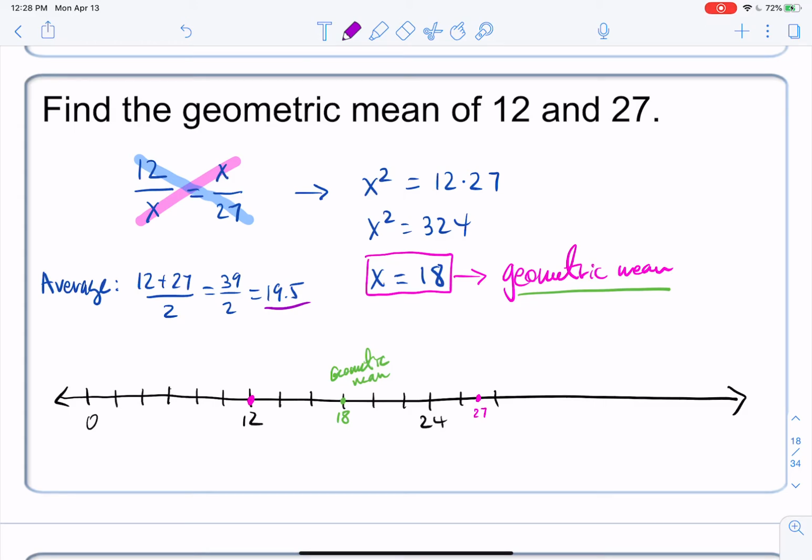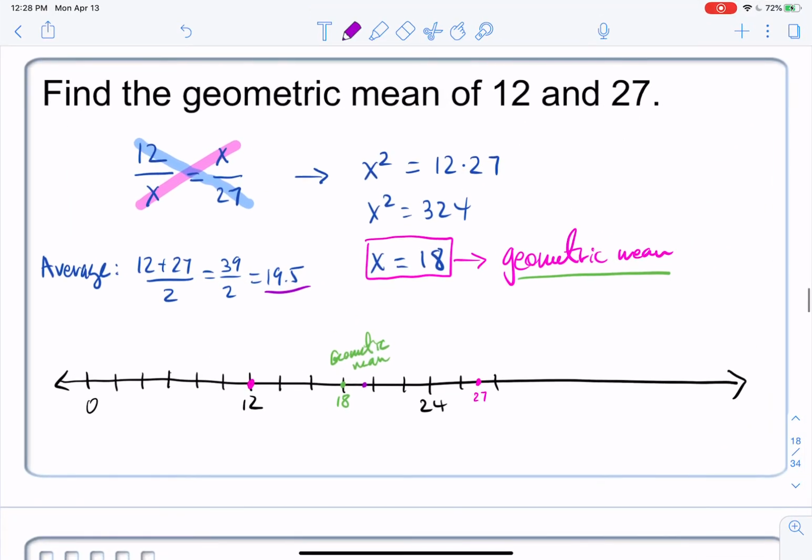So we have 18. To the right of that is 20. Right in the middle would be 19. And so it's about 3/4 of the way there. And we have a 19.5 for the average or arithmetic mean, just so you can get a visualization of how these things all line up.